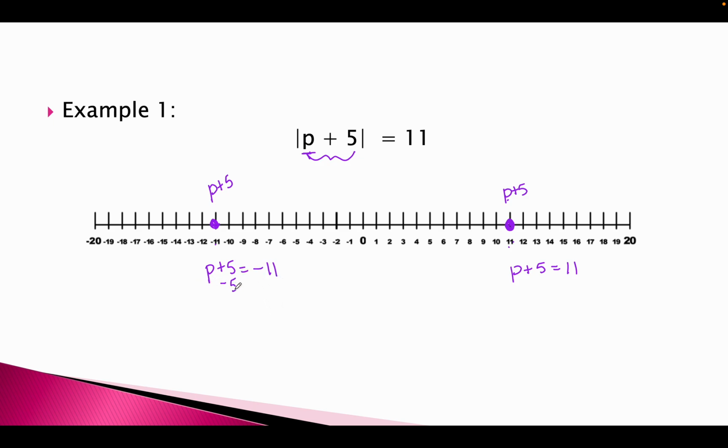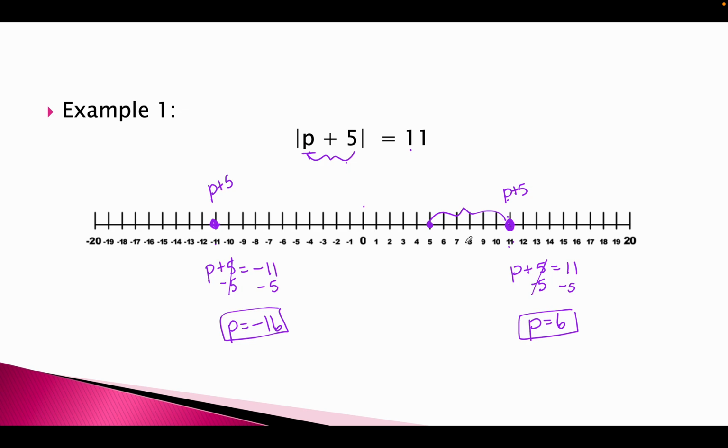In this example, since we have a whole quantity inside of our absolute value, we are not going to get the same thing but opposites. In all of our previous examples, our answers were like 2 and negative 2, 6 and negative 6. This is different because we have an entire quantity that needs to be 11 spaces from 0, not just p. So we need to take into account if something plus 5 is 11 spaces from 0, what would I add to 5 to get to 11?